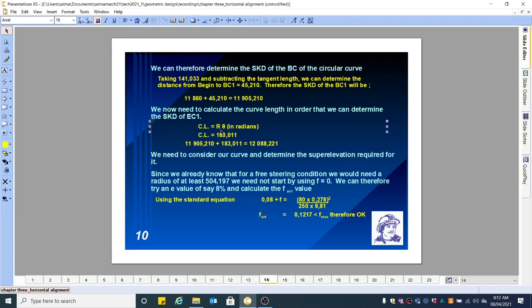You know the radius already. All you have to do is convert theta to radians, which you do by multiplying by pi over 180. And then you get a curve length of 183.011. So all you're doing is taking your BCC, which you just calculated, adding on your curve length, and you're getting your ECC.